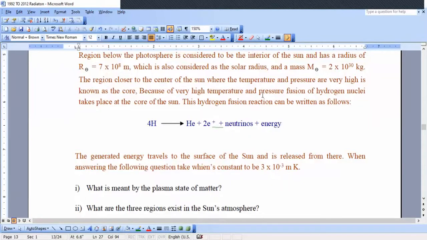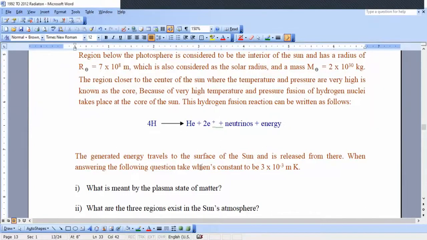The generated energy travels to the surface of the sun and is released from there. When answering the following questions, take Wien's constant to be 3 times 10 to the power negative 3 meters Kelvin.